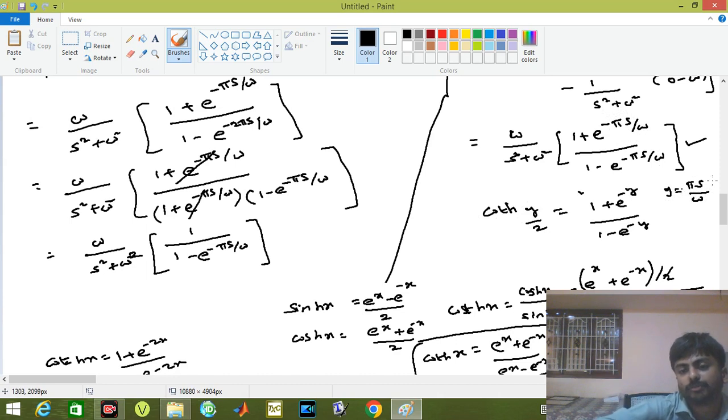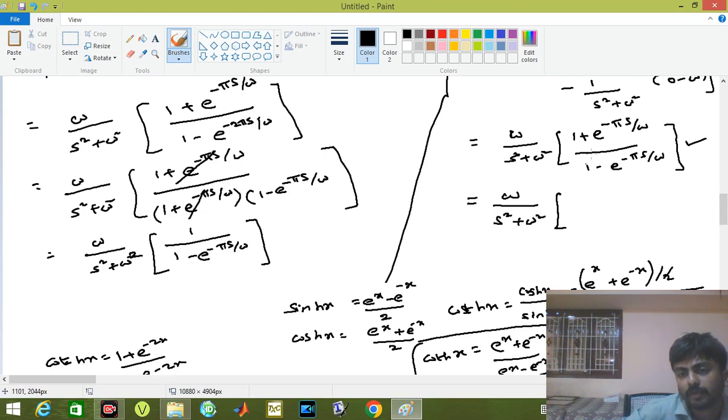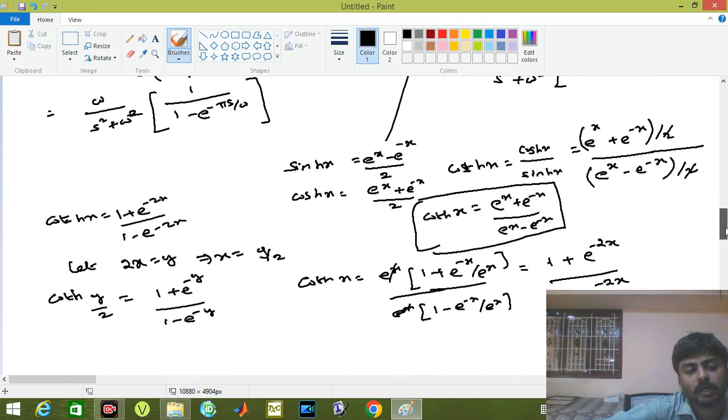Okay, so by this coth formula we are having the value as omega divided by s square plus omega square of this value, which is nothing but coth y by 2. Yes, it is coth y by 2.